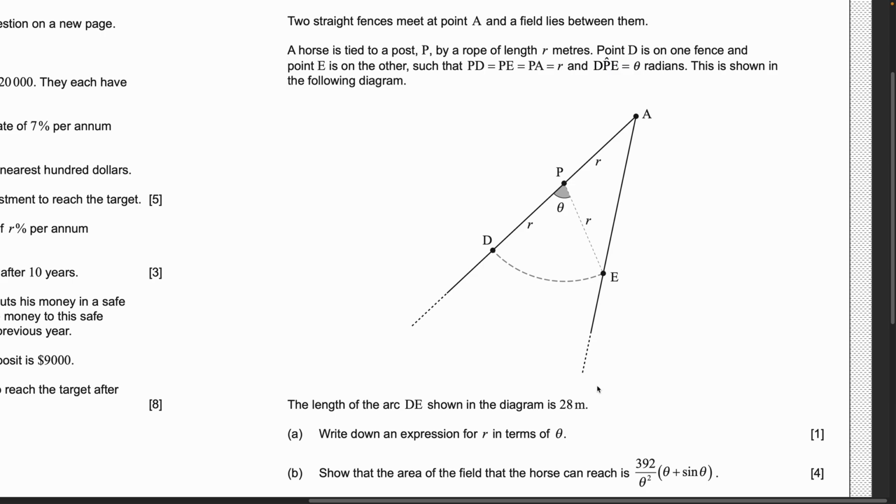And DPE is theta, right there. So they did a pretty good job showing. The length of arc DE shown in the problem is 28, all right? Write an expression for R in terms of theta. How do we find arc length?